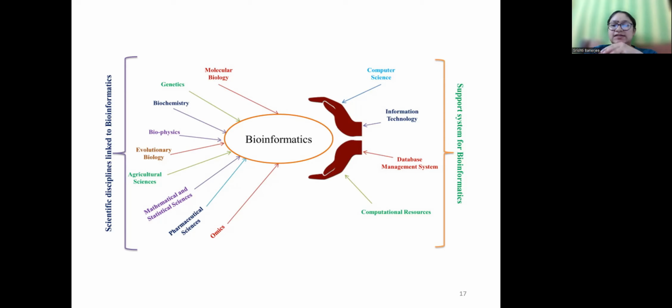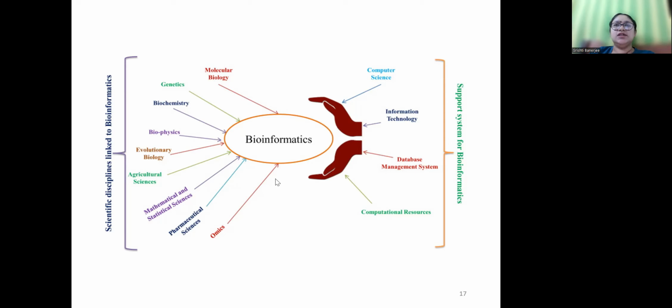Bio is the biology that we read, which includes molecular biology, chemistry, biochemistry, biophysics, pharmaceutical sciences, and different omics-based studies. If we join it together with computer science and information technology, assisted with database management systems and computational resources, that makes it bioinformatics.